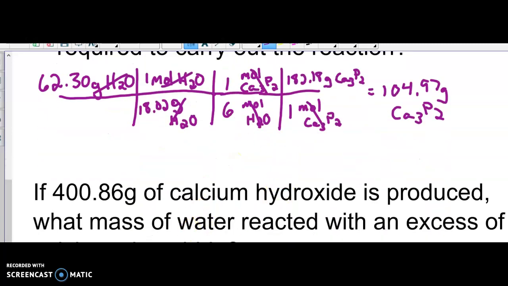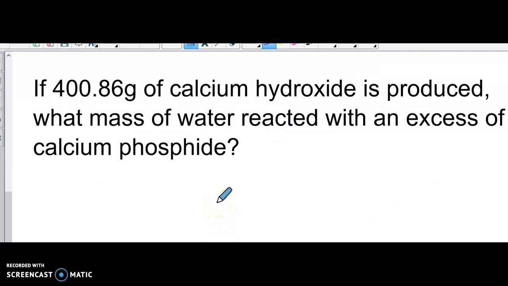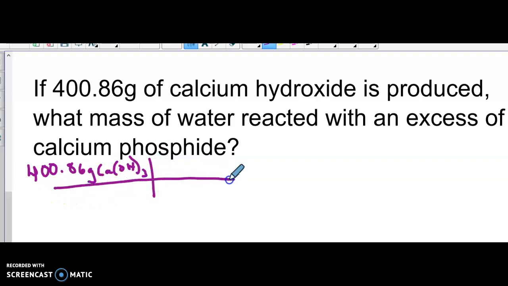Our next one will be, if 400.86 grams of calcium hydroxide is produced, what mass of water reacted with an excess of calcium phosphide? So let's think about our given here. That's always pretty easy to find in these. It's Ca(OH)2.